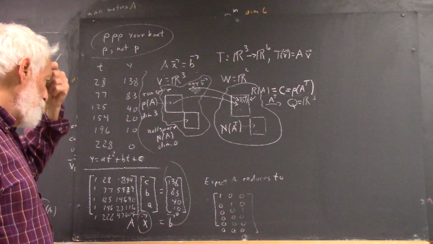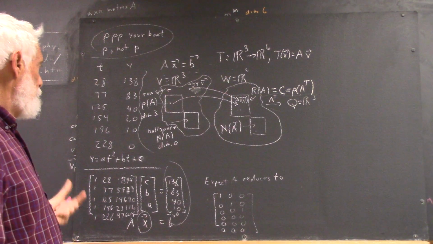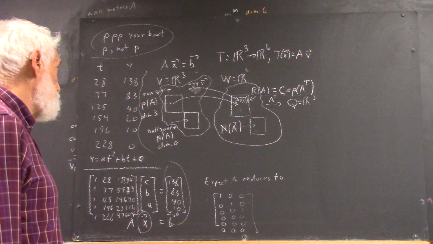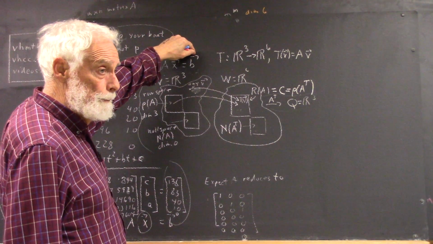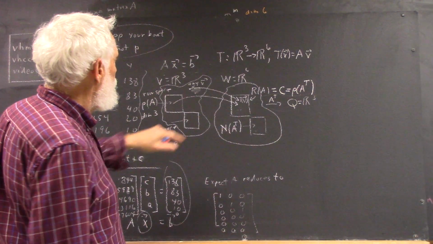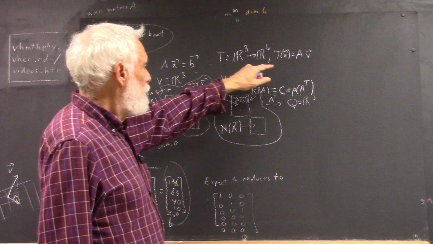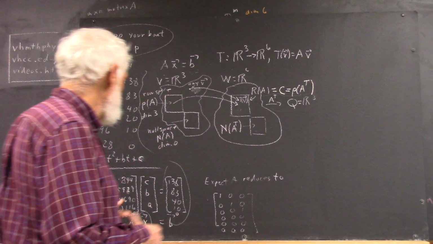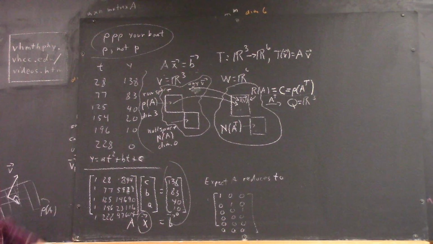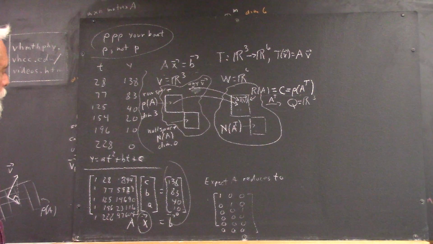Okay, well, let's put this into the picture of the 4 basic subspaces. Okay, again, we have AX equals B. We've defined the mapping T of V equals AV. That mapping runs from what space to what space, if we use just real Euclidean spaces?